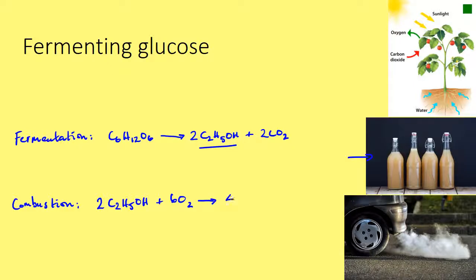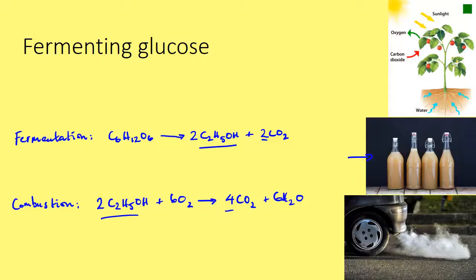And you're going to get 4 moles of carbon dioxide and 6 moles of water vapor coming off. Okay, so that's our combustion reaction for the same amount of ethanol. And so you can see now we've made 4 plus 2 moles of carbon dioxide for every mole of sugar that we grew.